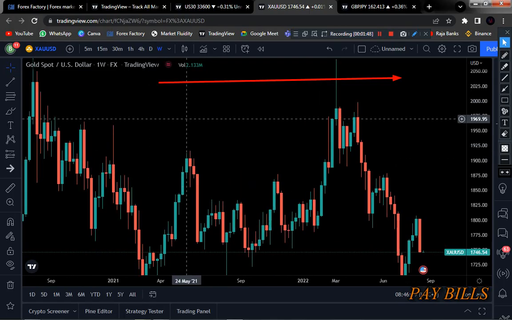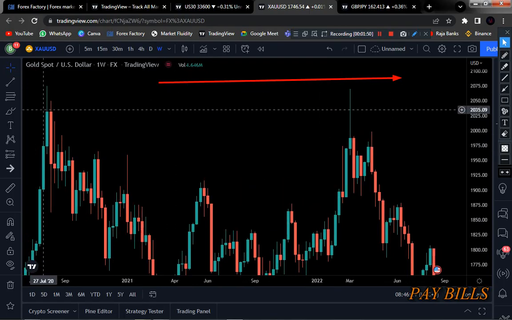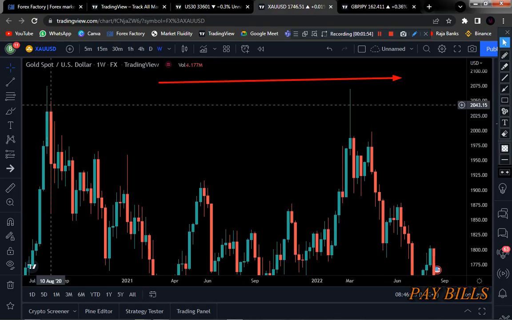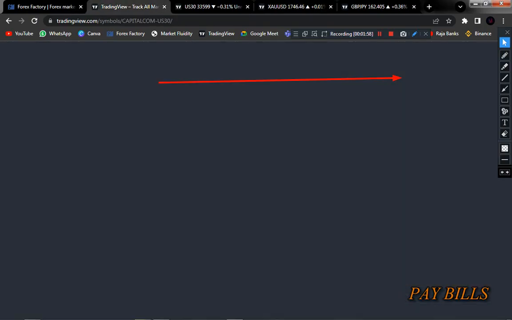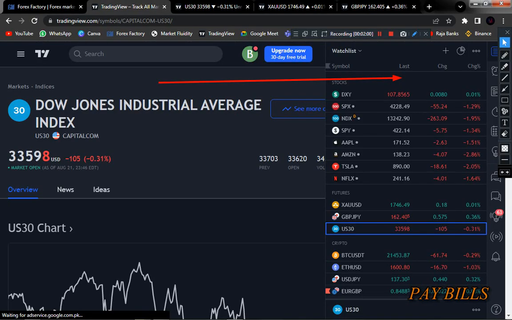Hold on, look at this area in the pandemic time, because in the pandemic time the dollar index, let me take that index on board as well.